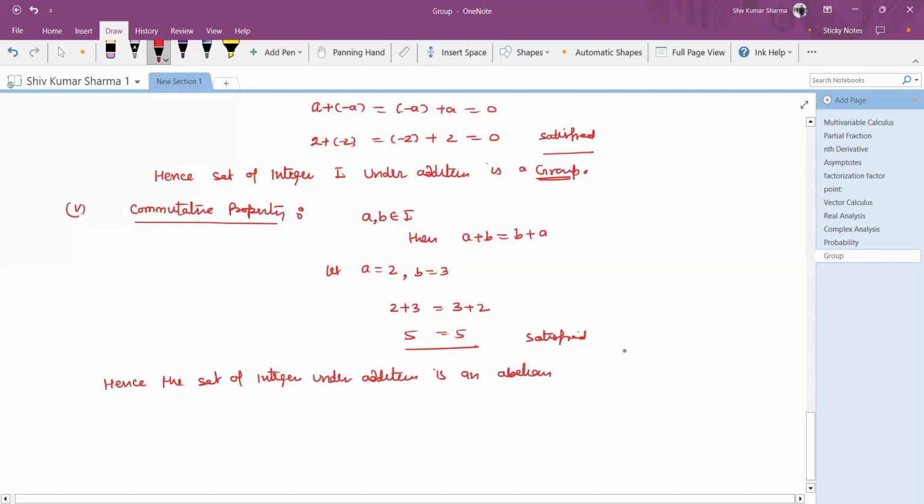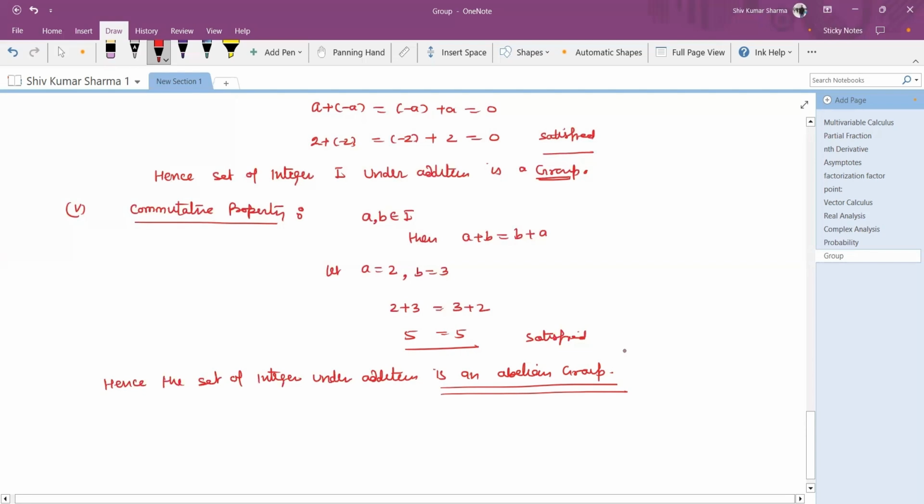So remember, we are taking the problems related to addition. Under addition, the set of integers is an abelian group which satisfies all five properties of the group.